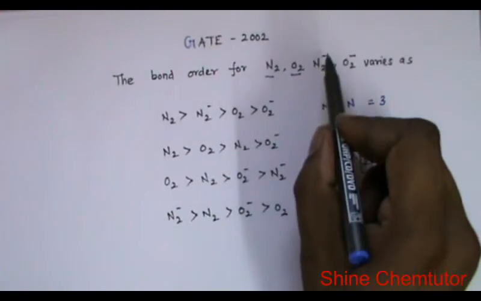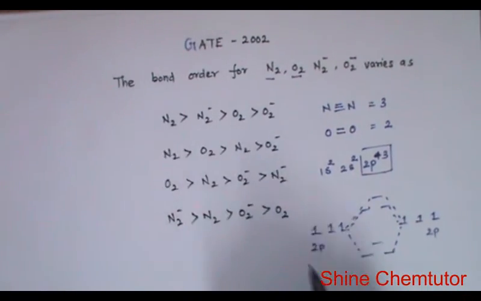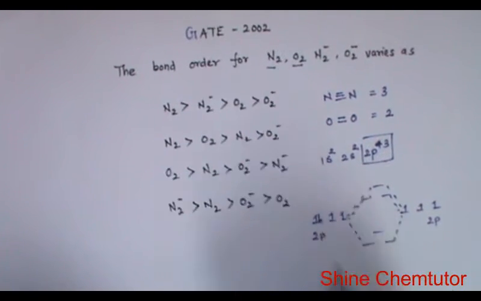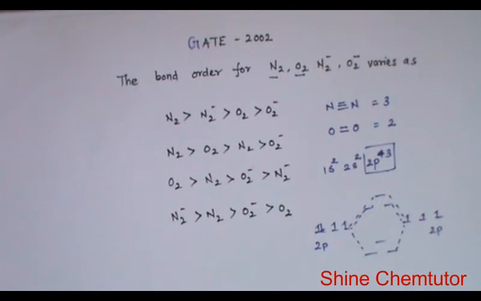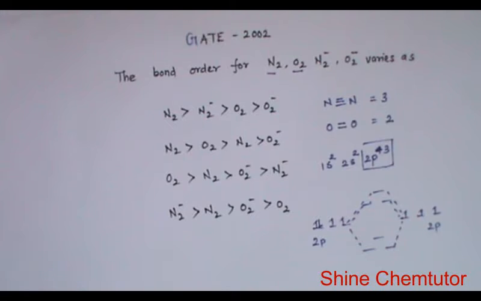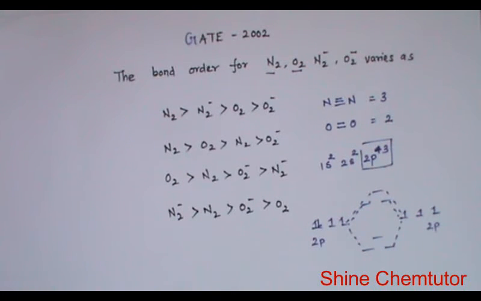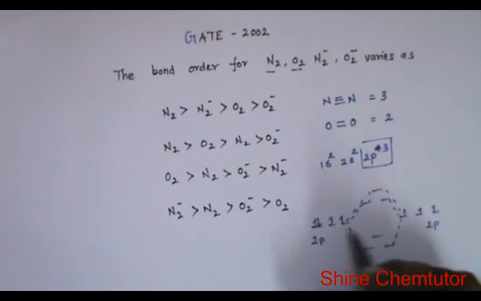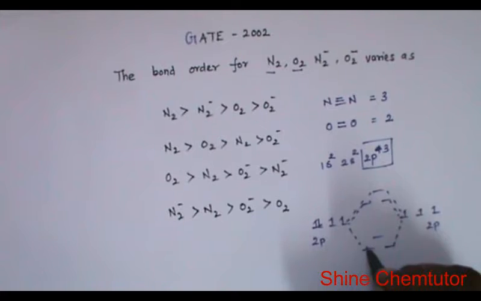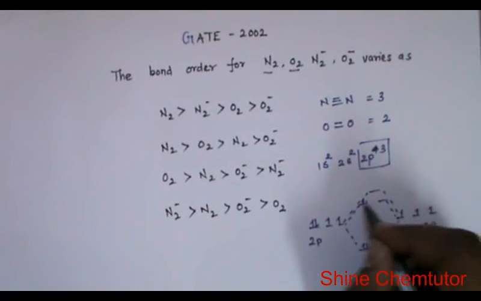But since it is N2 minus, I have to place one more electron. I place that here. Only one electron. I should not add one to each nitrogen; only one electron has been added to the N2 molecule. So now I place these 7 electrons here. It will be like this.